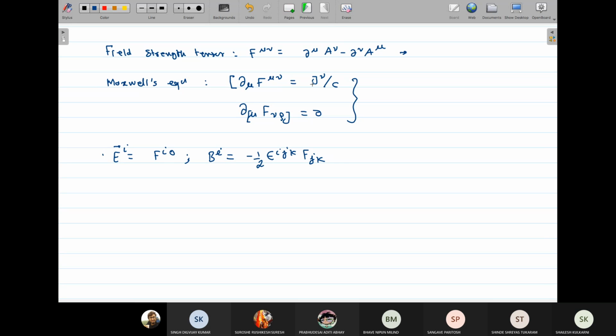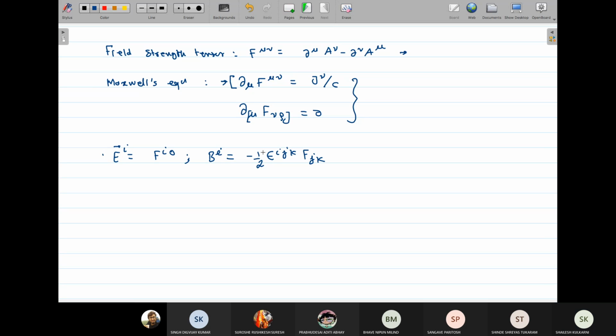Given this current density, given this current, one can solve this equation in principle. It's a very difficult task to solve this equation, but in principle one can solve. After solving, what will we get? We'll get the vector potential. Then I will use these relations and I will get the form of electric and magnetic fields.